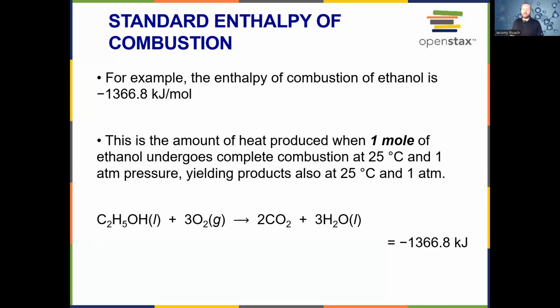It also yields products at 25 degrees Celsius in 1 atmosphere. So here it's showing the combustion reaction. So we have our products and our reactants, and it tells us that burning 1 mole of ethanol releases 1,366.8 kilojoules of energy.